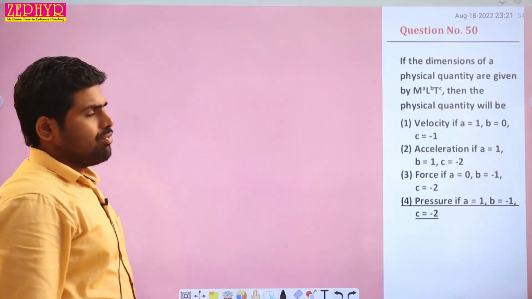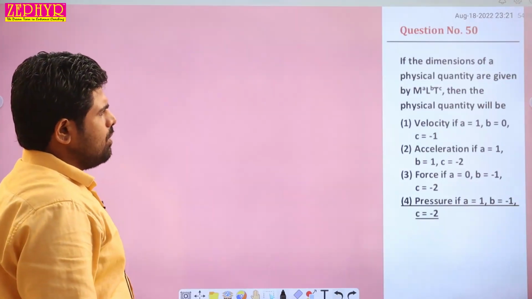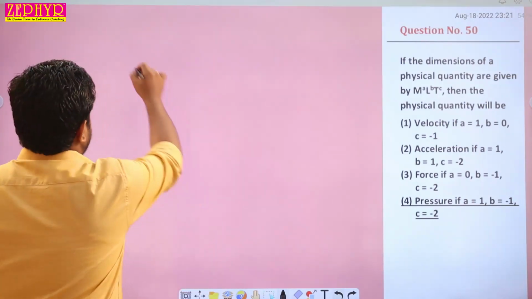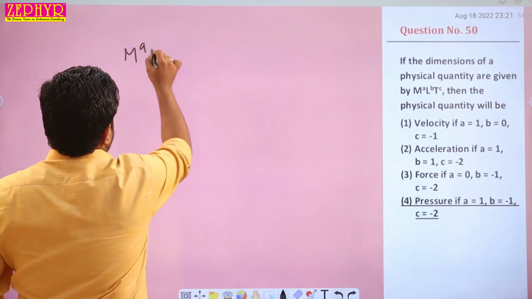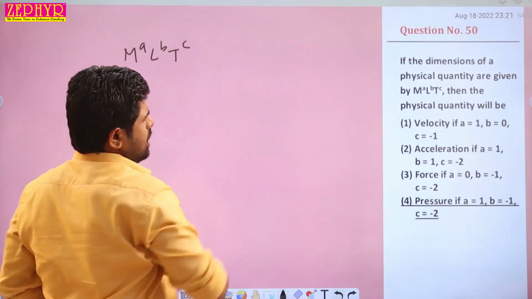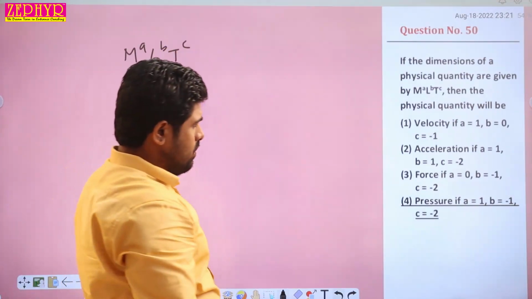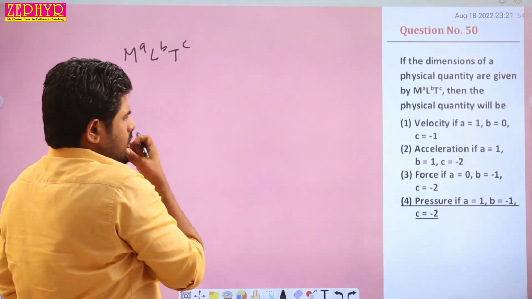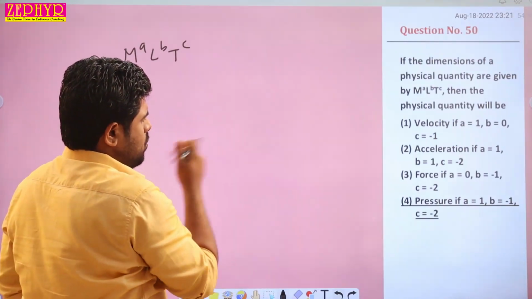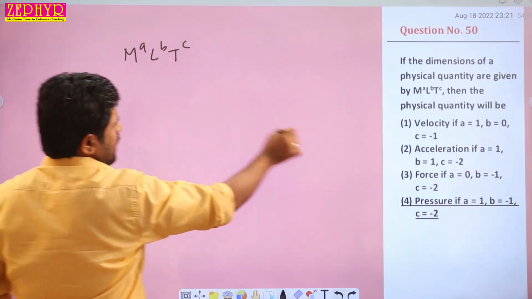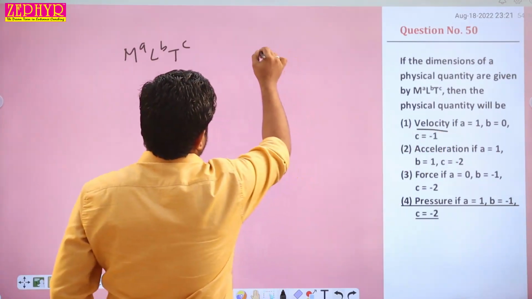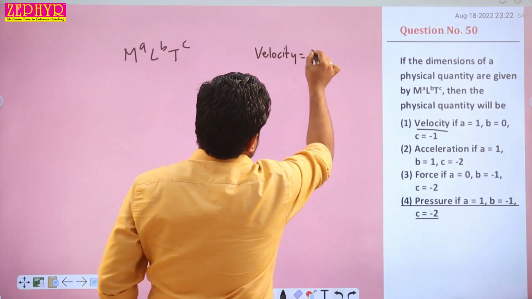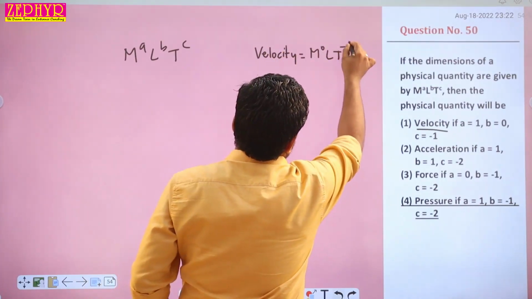Then question number 50. The dimensions of a physical quantity are given by M raised to a, L raised to b, T raised to c; what will the physical quantity be? First, velocity: its dimension is M raised to 0, L T raised to -1.